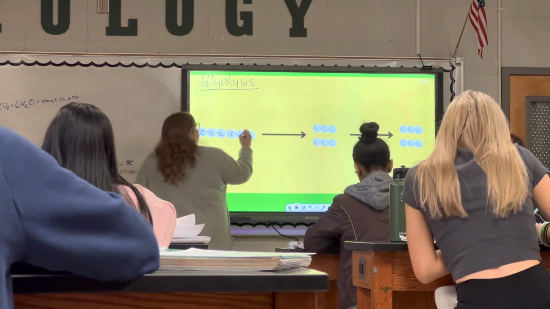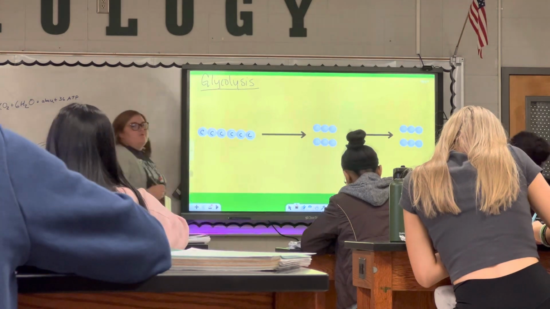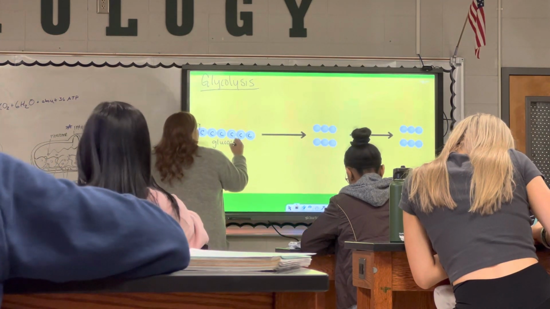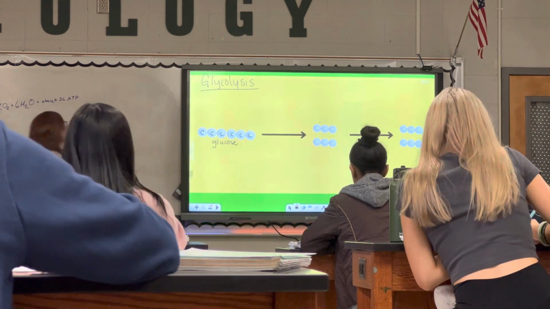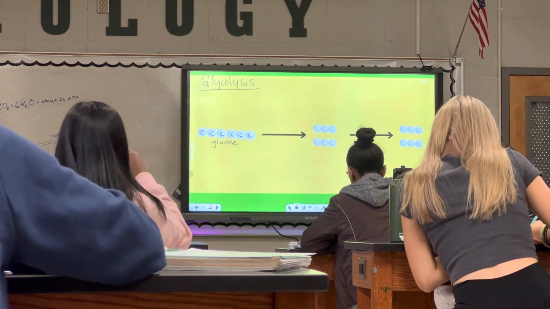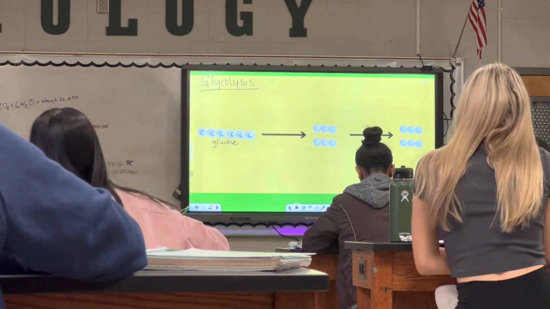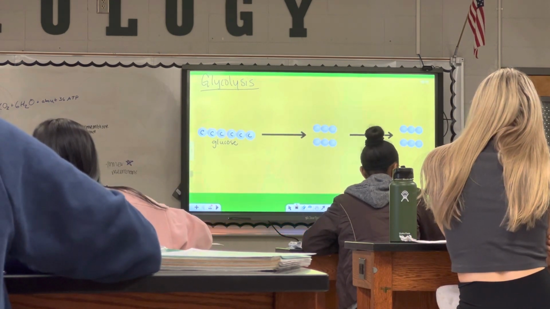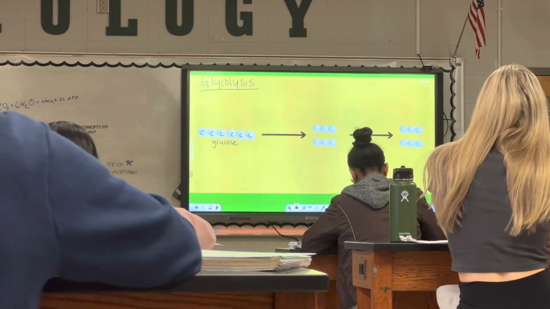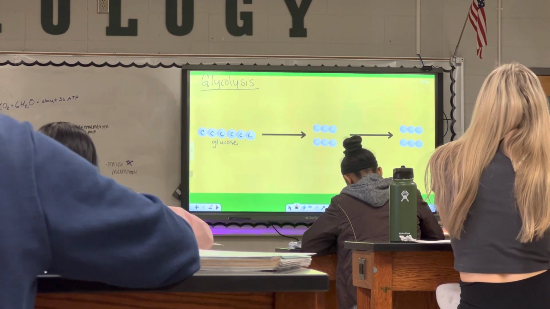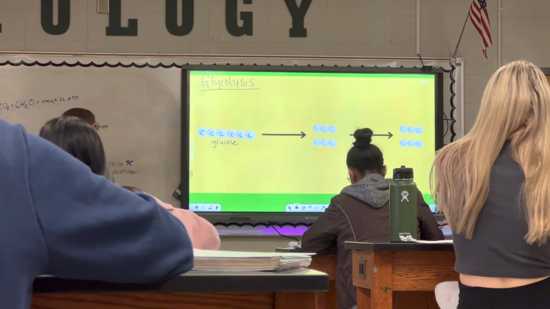So what's this beginning 6-carbon molecule? Glucose, C6H12O6. So how many hydrogens are hanging off those carbons? 12. How many oxygens? 6. Can we see them? No, but they're there. So just keep it in mind.